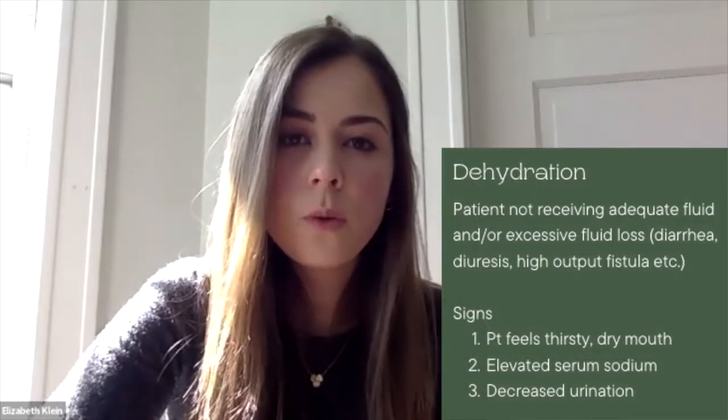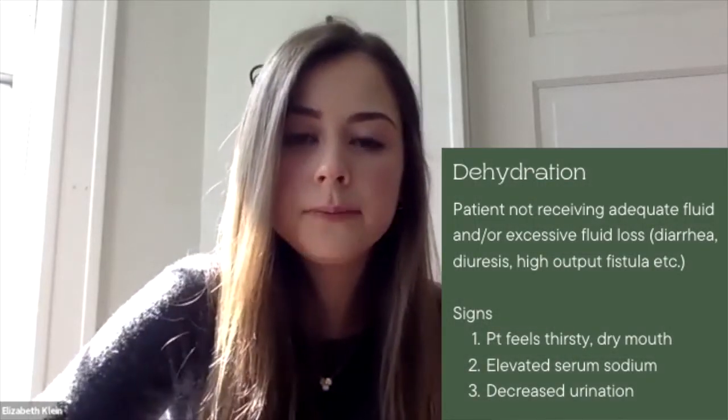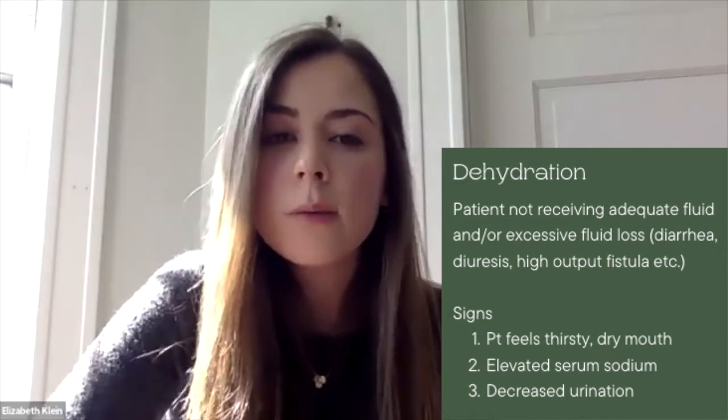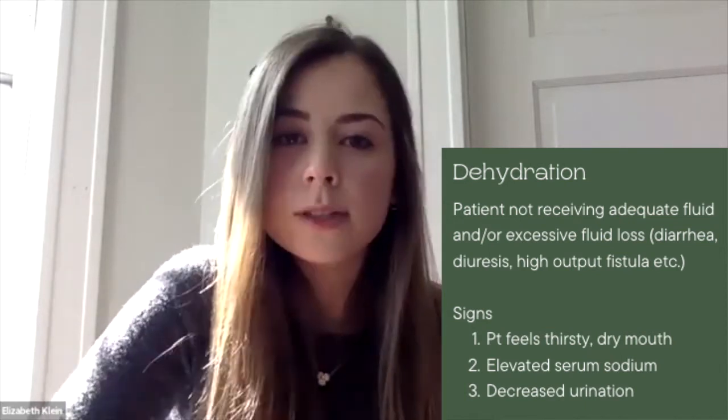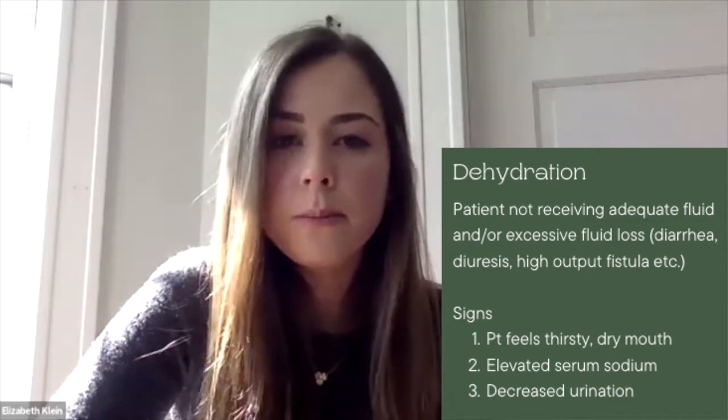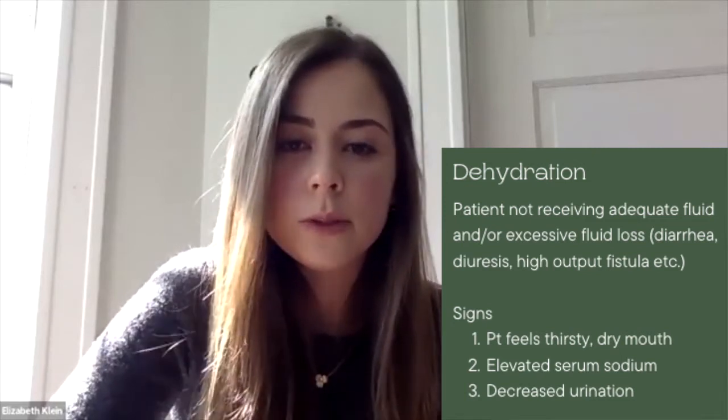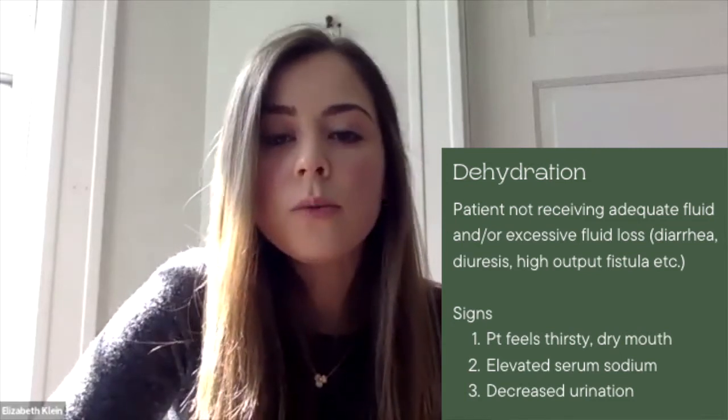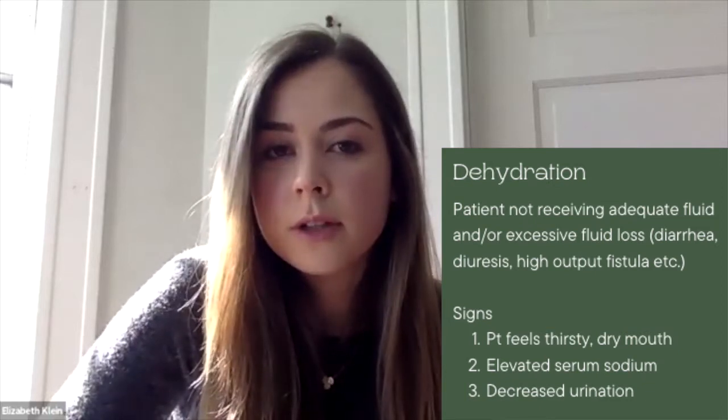Next up, we have metabolic complications. This includes dehydration, overhydration, hyperglycemia, and then refeeding syndrome as well. So we'll start with dehydration. Again, one of those complications that's kind of more self-explanatory. It's just a patient not getting adequate fluid. Now, there are a couple different causes for this.